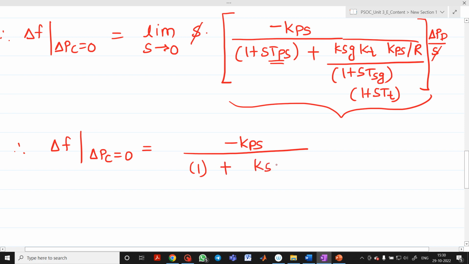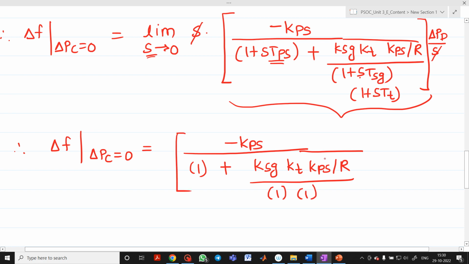Plus ksg into kt into kps divided by r whole divided by, put s equal to 0, because limit s tends to 0. So what we will get here? I will get it as 1. Here also I will get it as 1. So this is your expression into delta pd as it is.